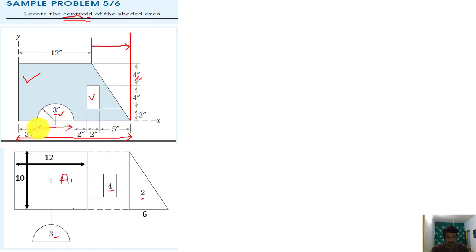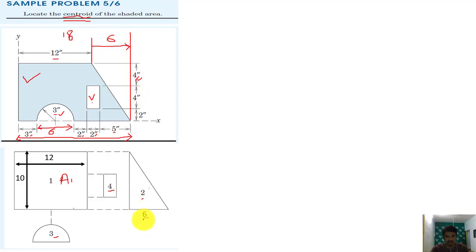So 3 plus 6 is 9, plus 2 plus 2 is 13, plus 5, so that will be 18. The total distance is 18, minus this 12, so this distance will be 6.